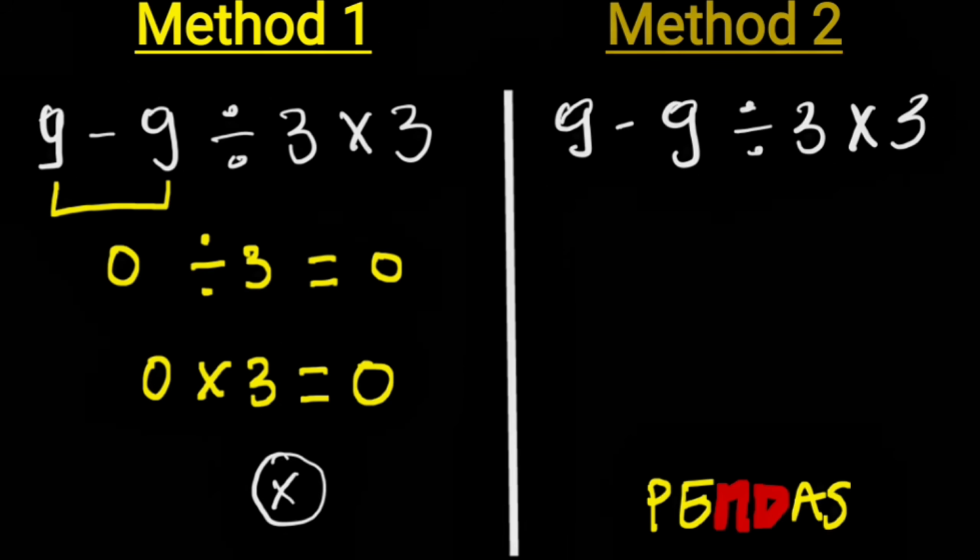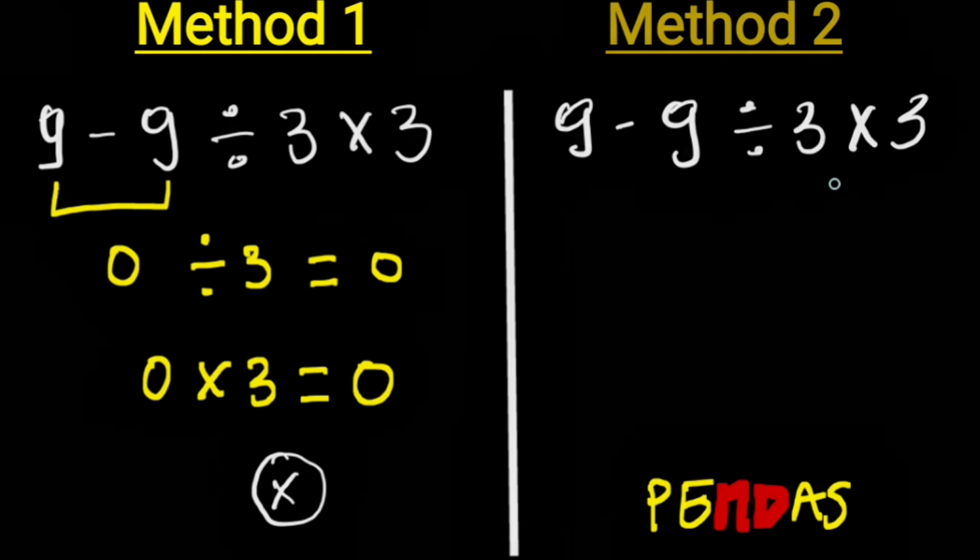They recall that M comes before D in the word PEMDAS, and so they internalize this as a commandment. Multiplication must always be done before division. No exceptions. They look at 9 divided by 3 multiplied by 3 and pounce on the multiplication.